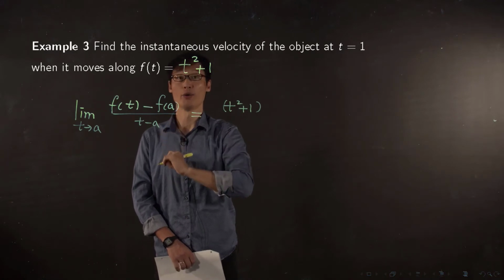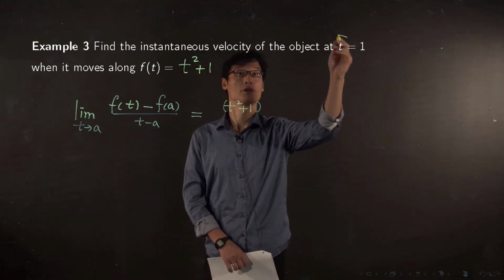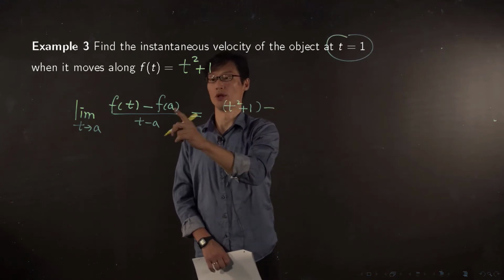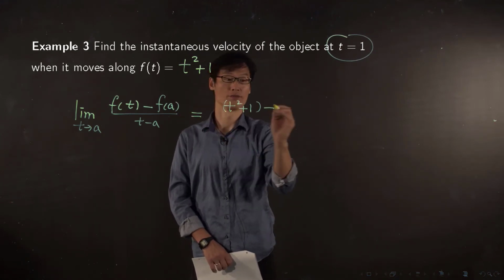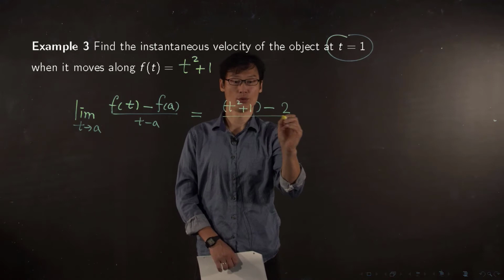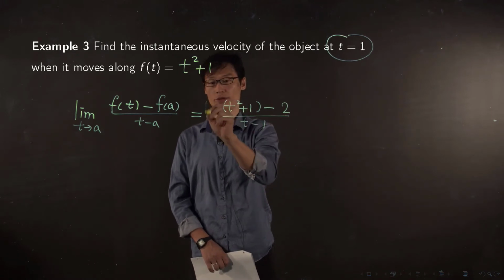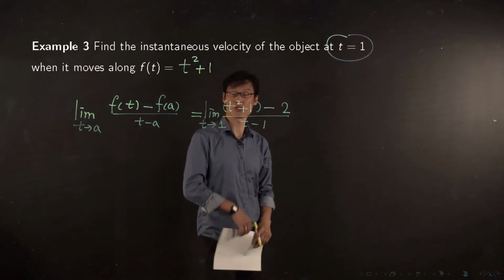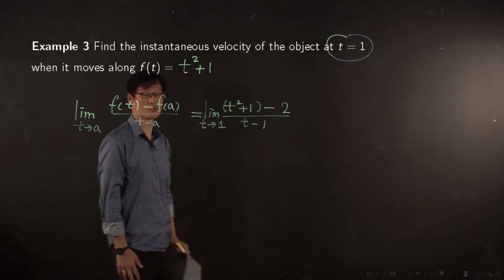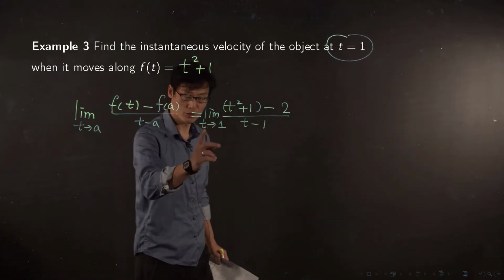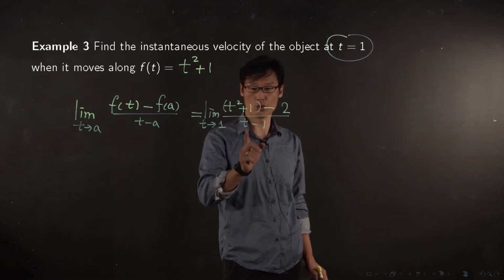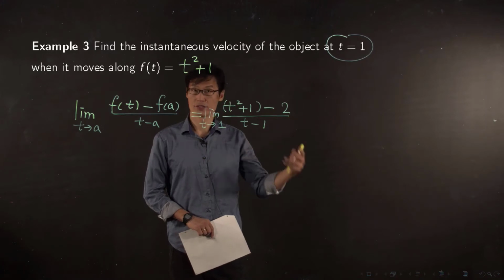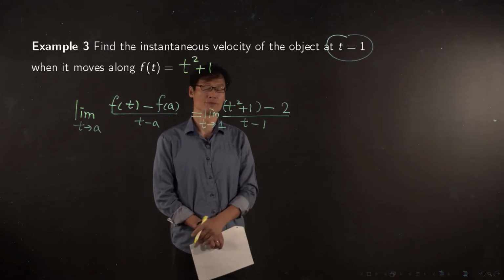And then our a is 1, minus f of 1. When you plug in 1, we have 1 plus 1 over t minus 1. So basically, we want to calculate limit of this expression. Well, again, if you plug in 1, we have 0 over 0. And you want to find some common factor and cancel.